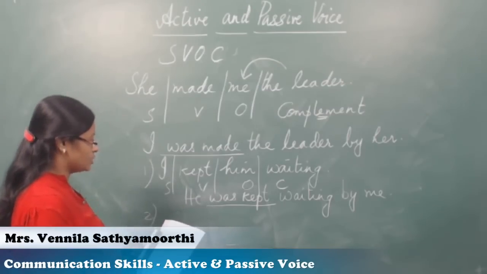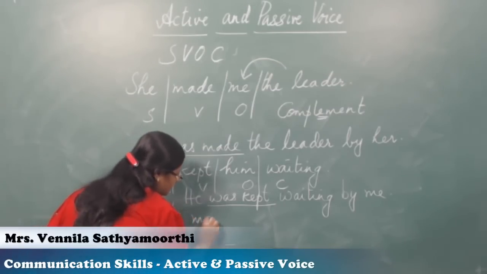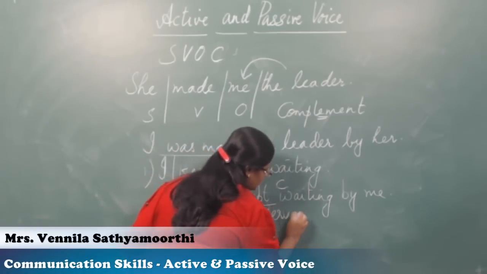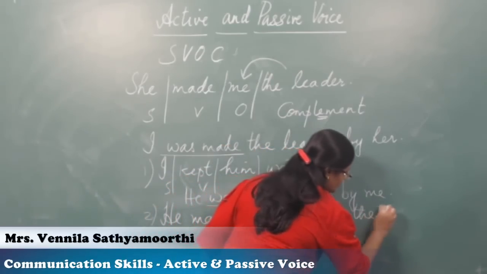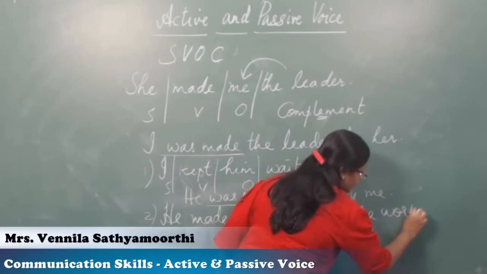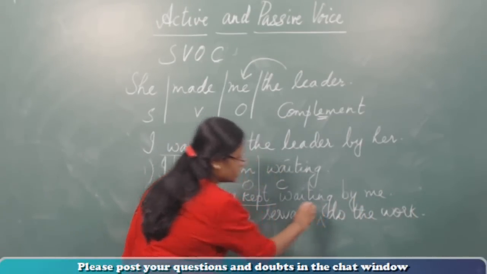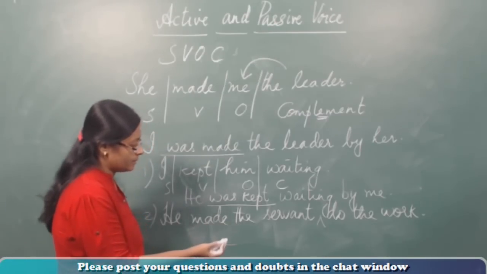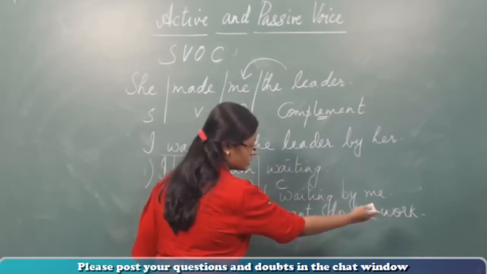He made the servant do the work. Another thing to notice here is we don't use "to" here. We should not, though you will hear many people using it. See, "he made the servant to do the work" is not right.